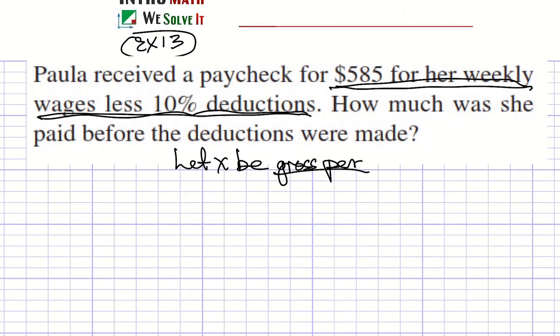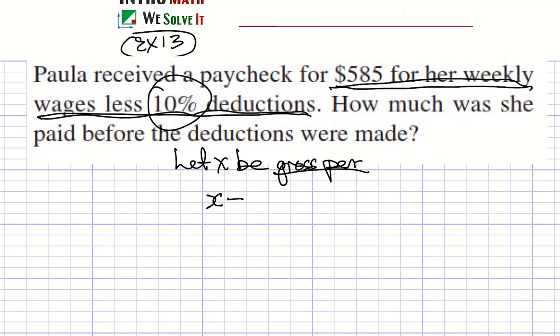Okay, so we say that deduction basically. Let's say she makes that. This is the gross pay. Then they have to do deduction. And what is her deduction? 10%.